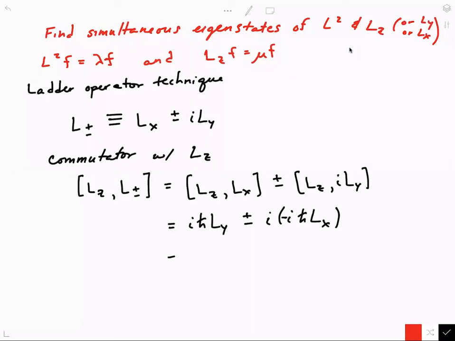Okay, so our commutator with Lz looks like plus or minus h bar Lx. That's actually our second term above, plus or minus I Ly. And that is our commutator of Lz with either our raising or our lowering operator.